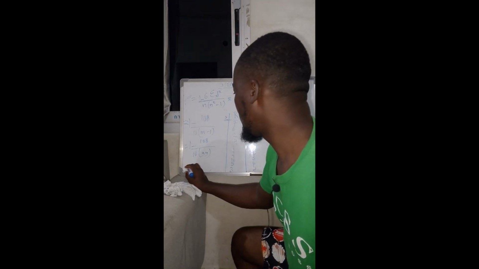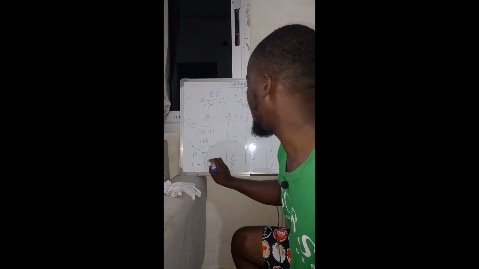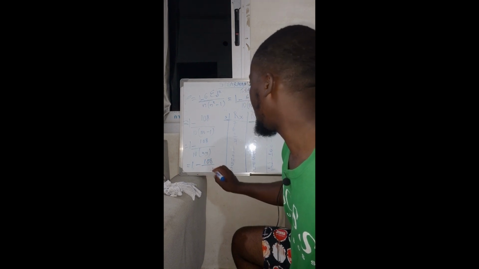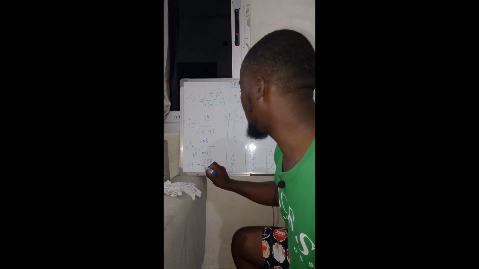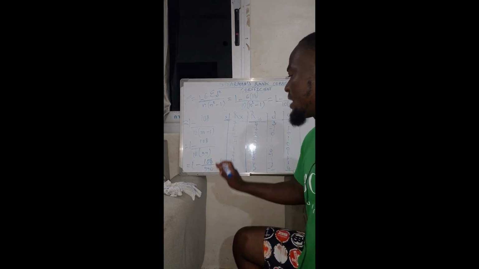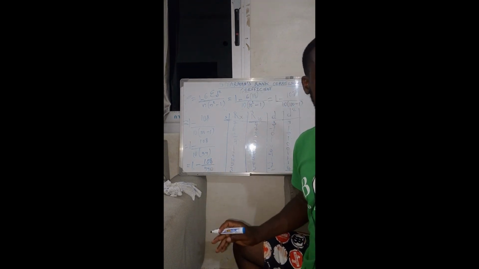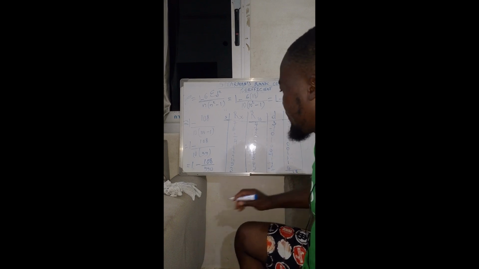So it's equal to 1 minus 108 over 10 multiplied by 99, which is equal to 990. So we're going to divide 108 by 990.